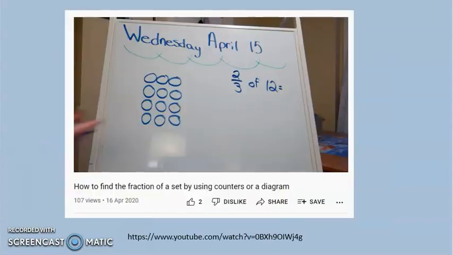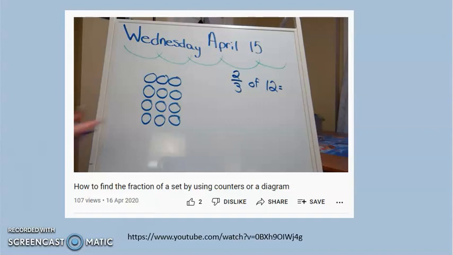Now, what I have done is I've had a look at a video that was created by another lady online, and it's absolutely fantastic. She did this video a little while ago, so the date is wrong at the top there, but you can just ignore that. I'd like you to see how she draws these counters out. That helps her to figure out the fraction of a set.